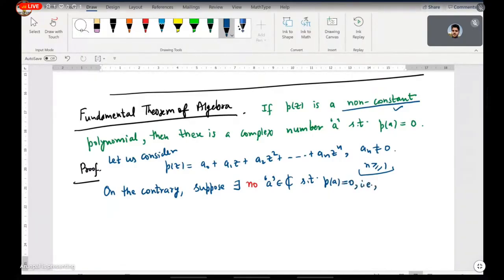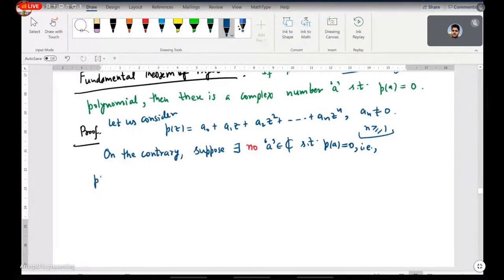Anyway, I am saying, class, that P(z) has no root in C. Is this okay, class? Yes, sir. It means, class, the value of P at any complex number cannot be 0. It has no root means whatever complex number you take, the value will be non-zero. Is this okay? Yes, sir.